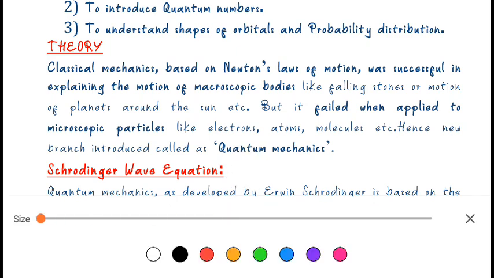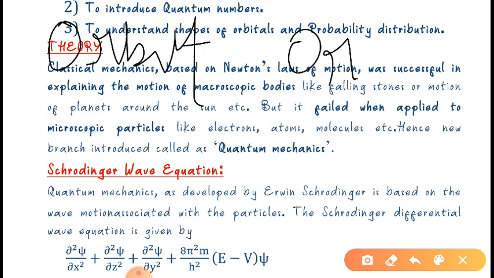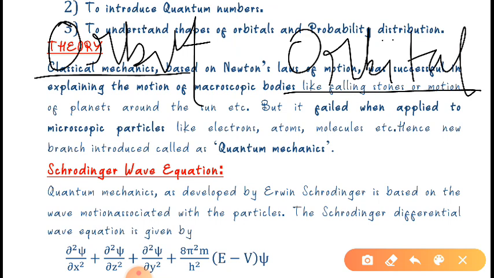When we talk about an orbit, as postulated by Bohr, an orbit is a definite circular path around the nucleus in which the electrons revolve.